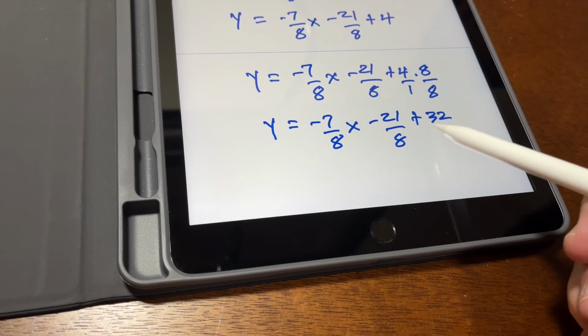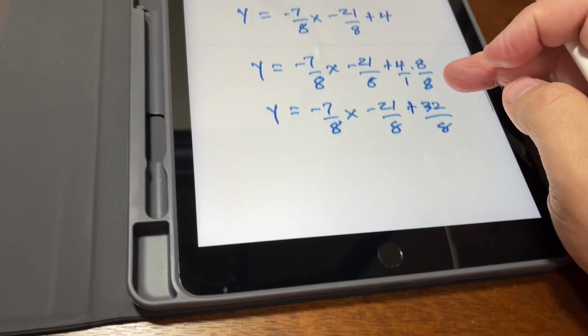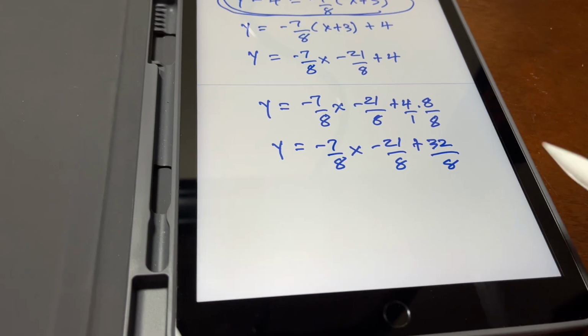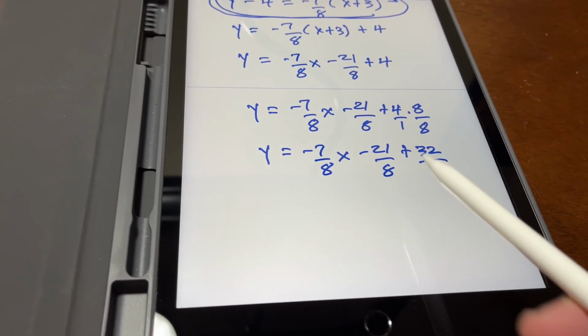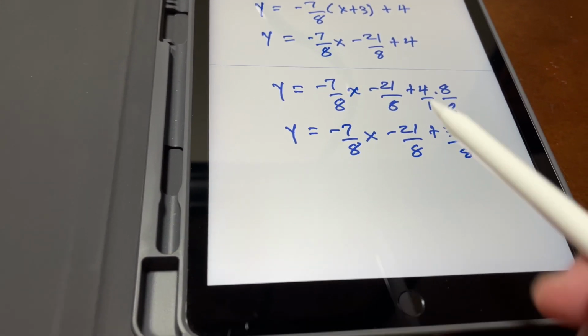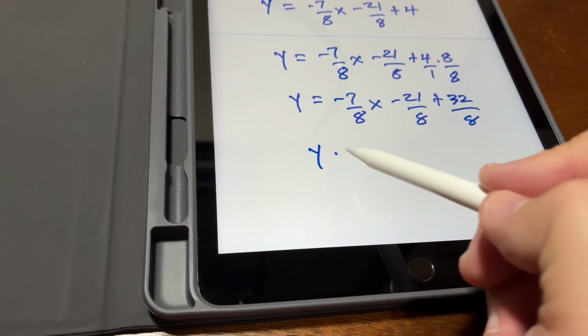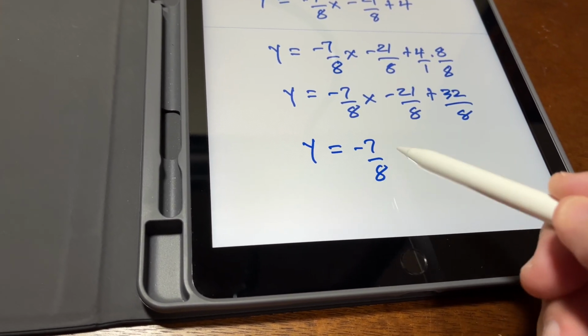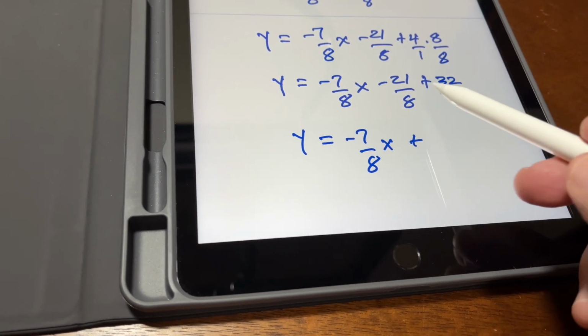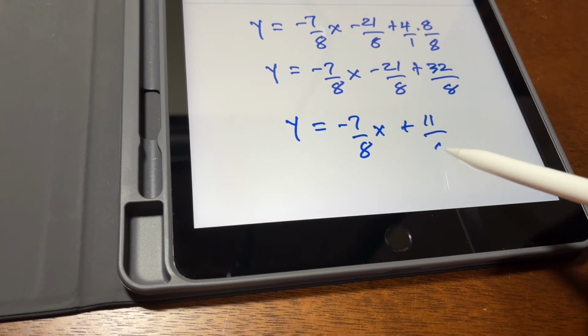So notice that's 32 over 8, because 8 times 4 is 32, and 8 times 1 is 8. Now I'm going to add these together, and that's 11 over 8.